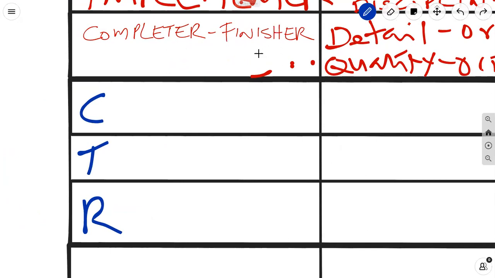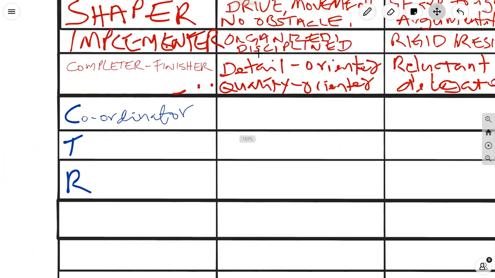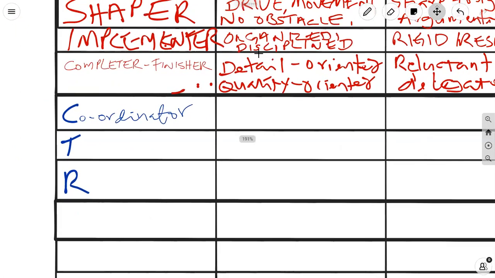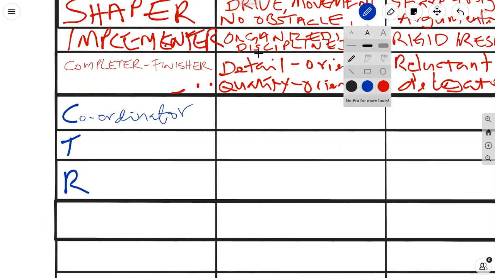So let's talk about them one by one. The first one is a role we call the coordinator. And I'm just going to go straight to talking about the pros of the coordinator. Now you know how I'm rolling with this.